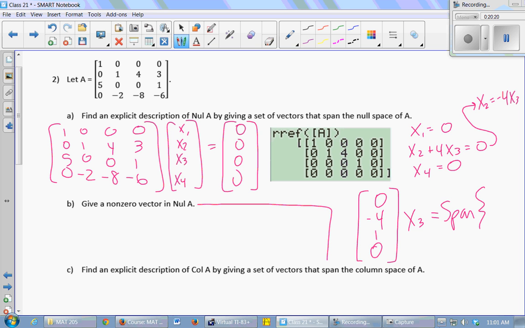That is the span of (0, -4, 1, 0). Yep, that is the null space. The null space of A is equal to the span of that one vector. Every scalar multiple of that vector gets mapped to the 0 vector. I should write that. Equals the null space of A.